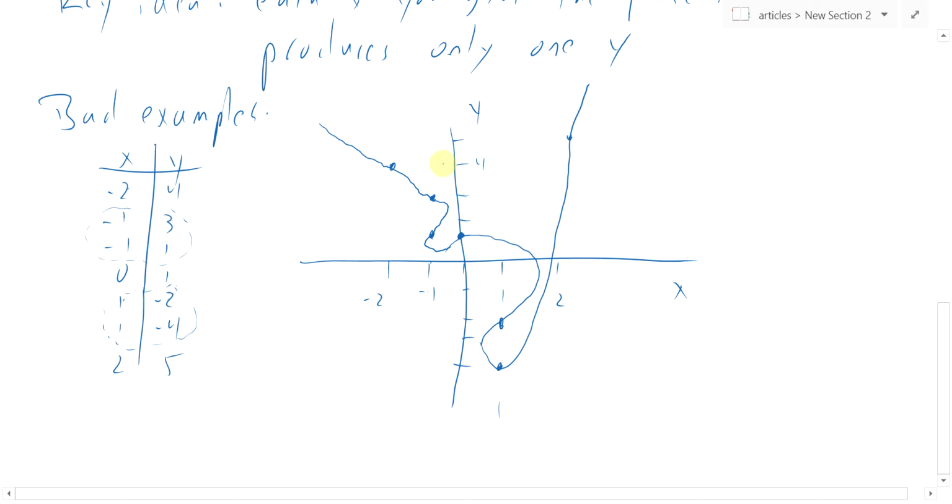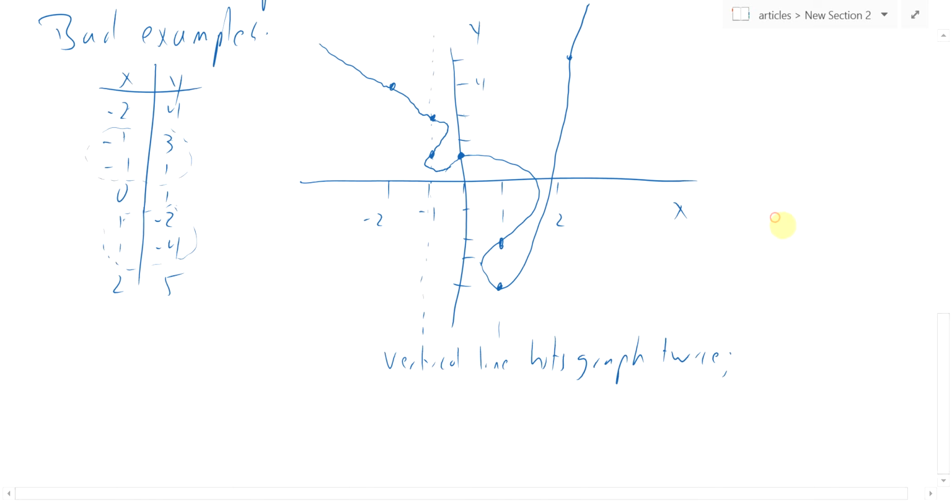And what's the problem? Well, if I look at the vertical line through x equals minus 1, the vertical line hits the graph twice. Functions don't do that, right? So it's not a function.